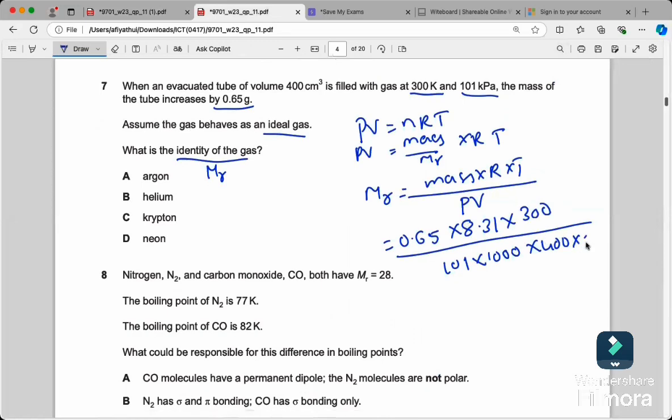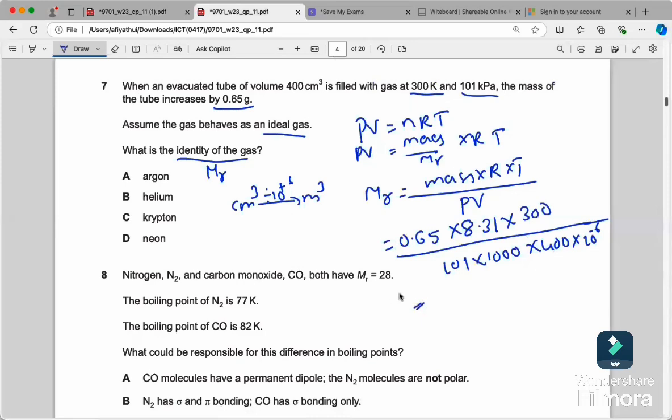So you have to multiply by 10 to the power minus 6, okay? Going from centimeter cube to meter cube, you divide by 10 to the power 6, or multiply by 10 to the power minus 6.